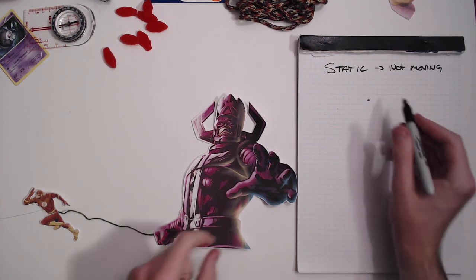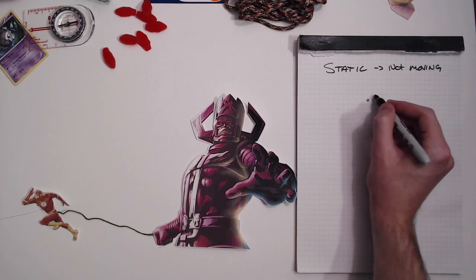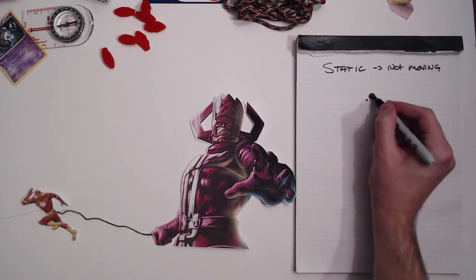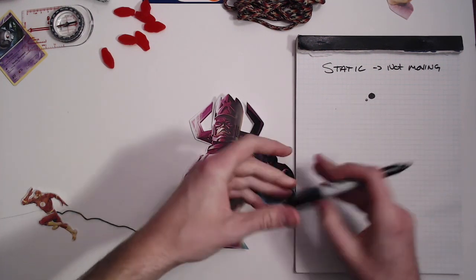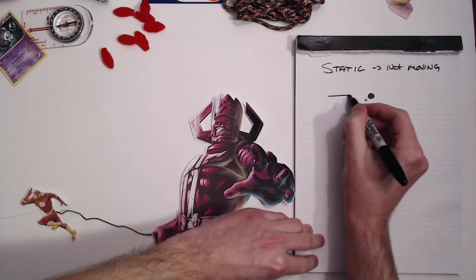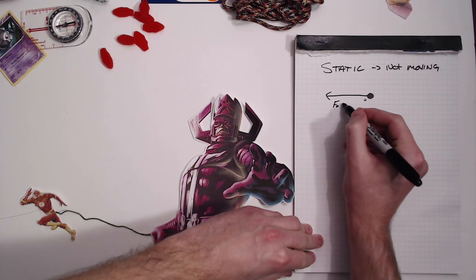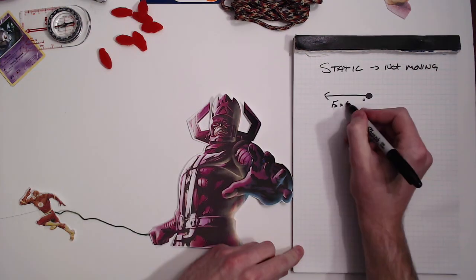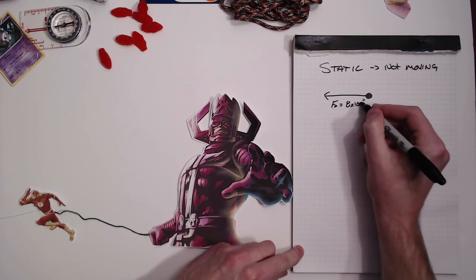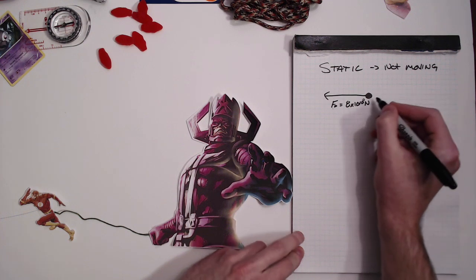So let's draw the free body diagram. So here's our situation represented by a single dot. The Flash can exert a force of 8 times 10 to the 10th newtons.